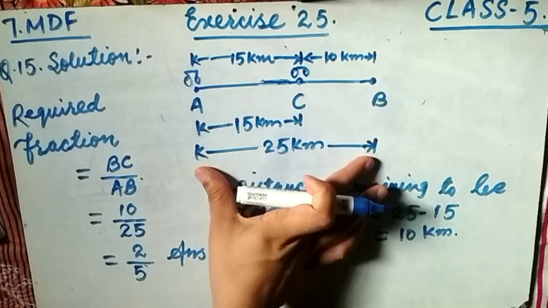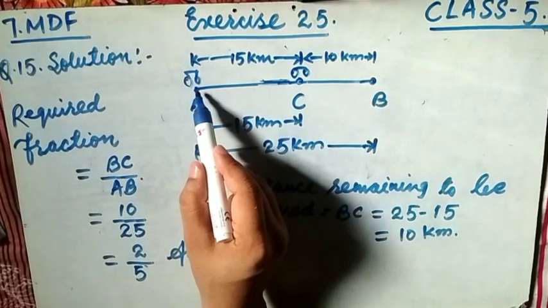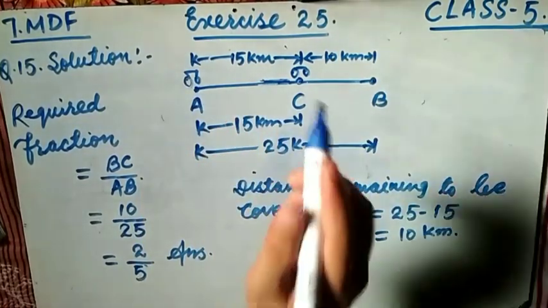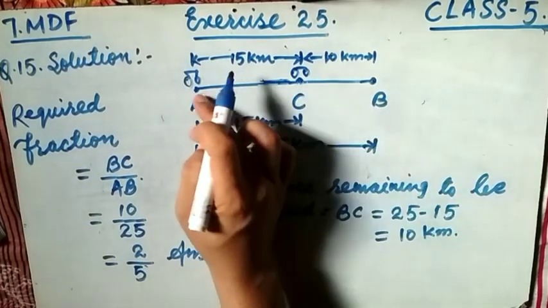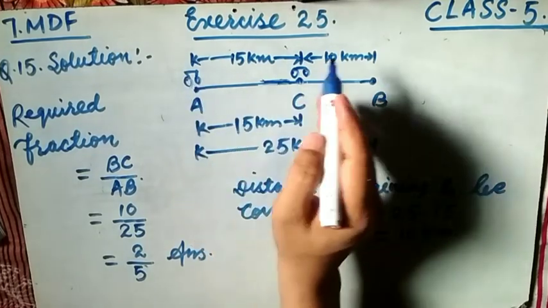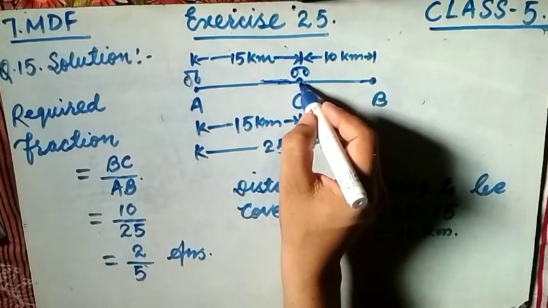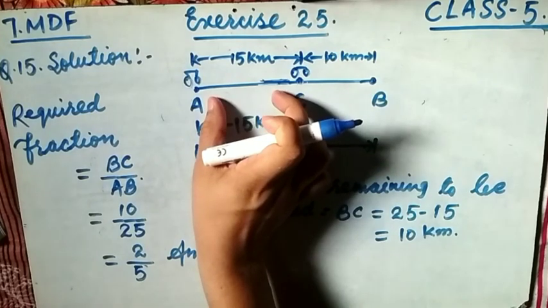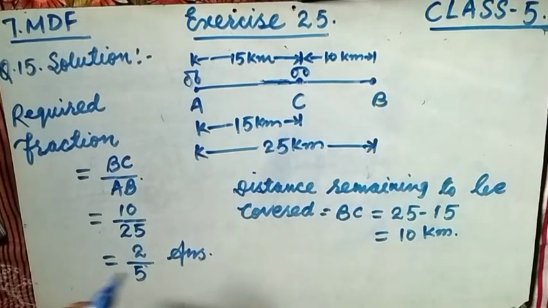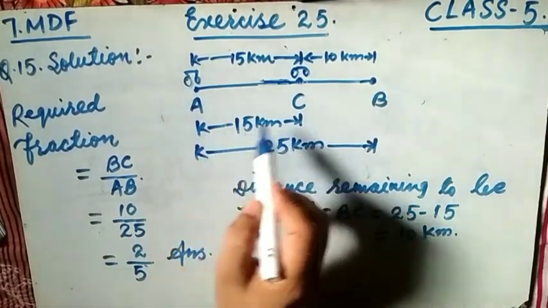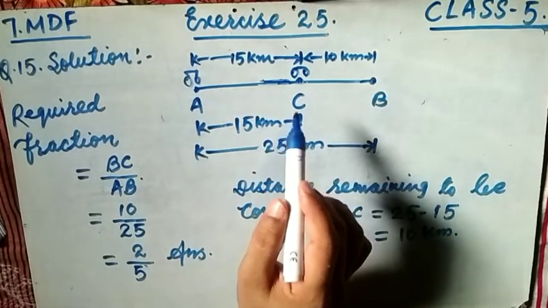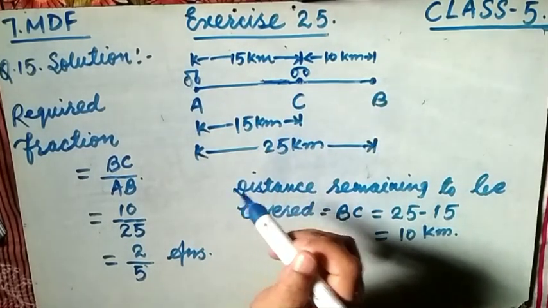A train starts from one station A and goes 15 kilometer towards B. Okay, now suppose the 15 kilometer from A to C is 15 kilometer, which means this train reaches at C. Now we have to find the fraction of the distance between the two stations that remains to be covered.